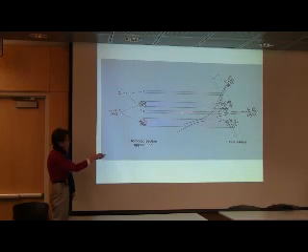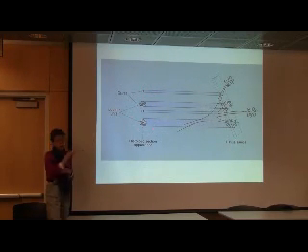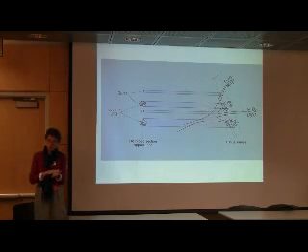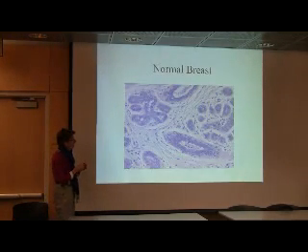The next piece is going to be a cross-section of that duct, or small ductule. And then again, there's another lobular structure and another duct. And this is what you're going to see on the slide. So it's a very different perspective.